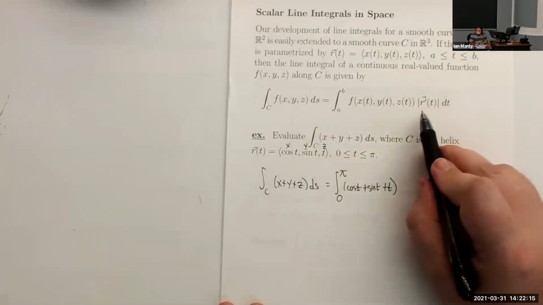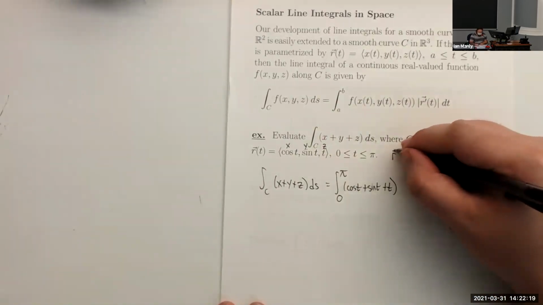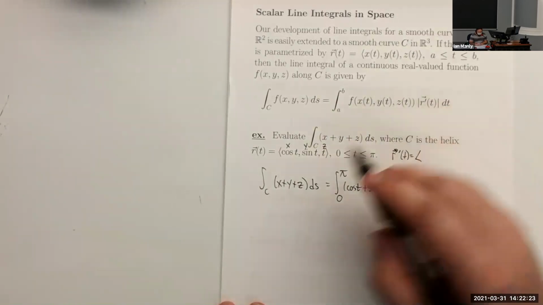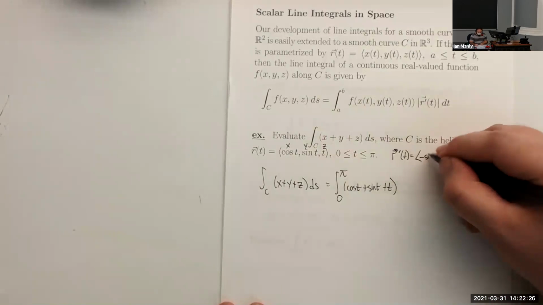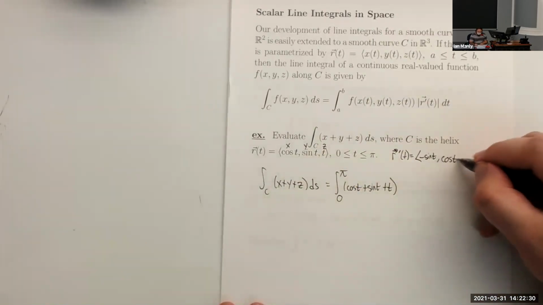All right, now we can't forget to include the magnitude of r prime here. So let's figure out what that is. So r prime, let's see. The derivative of cosine is negative sine. The derivative of sine will be cosine. And the derivative of t will just be 1.